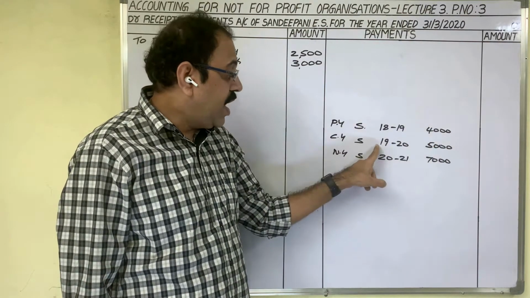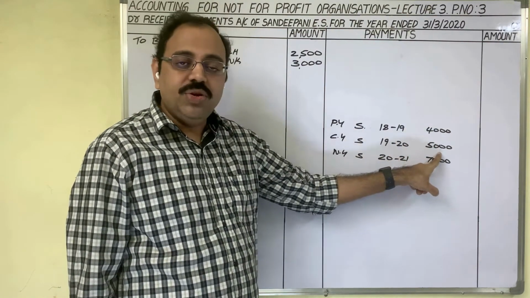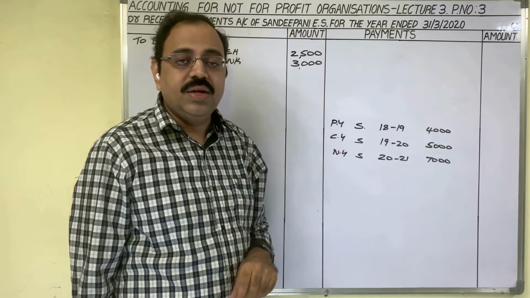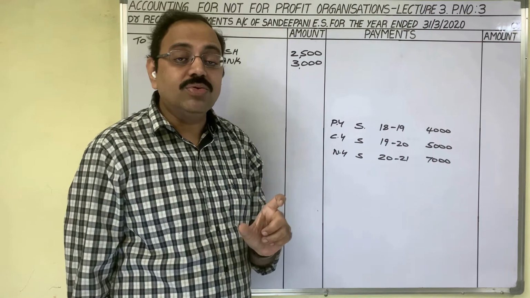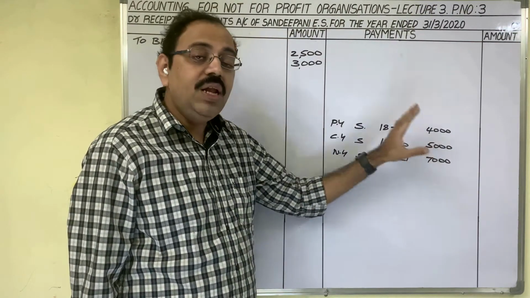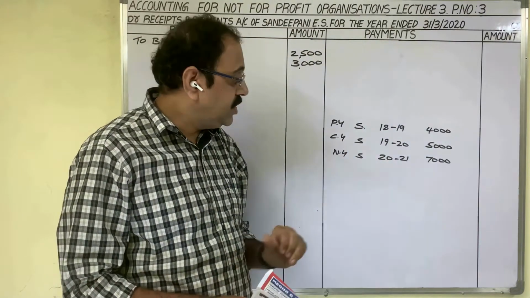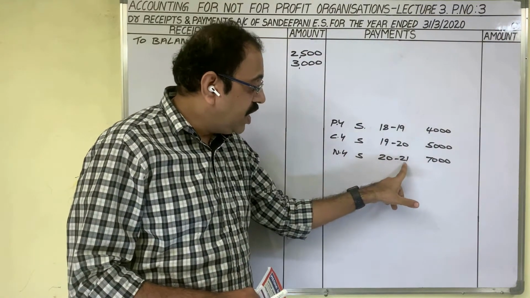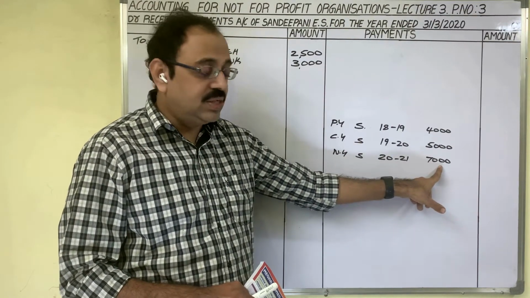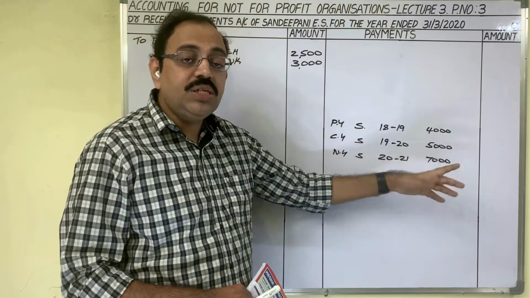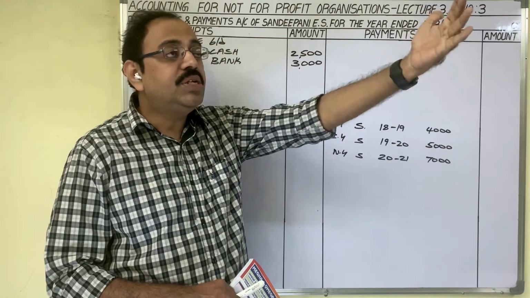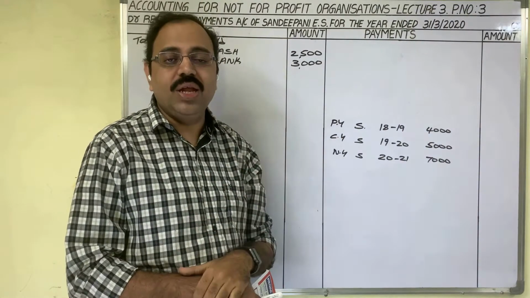Similarly, the 2019-20 amount of 5000 rupees means that in the current year we should receive the subscription of 5000, and we received that 5000 in the current year only. Next, the 2020-21 amount of 7000 rupees he has given. The meaning is that the firm should receive this 7000 rupees in the next year, but the firm received that amount in the current year itself.